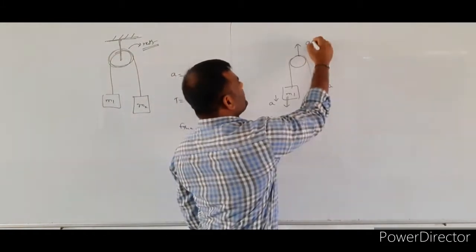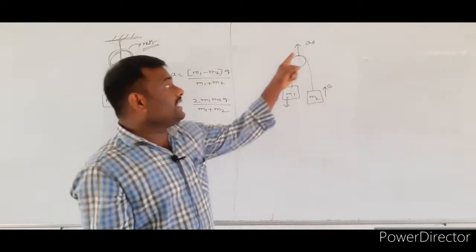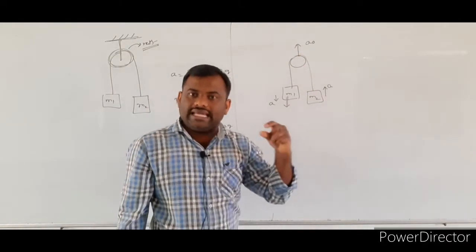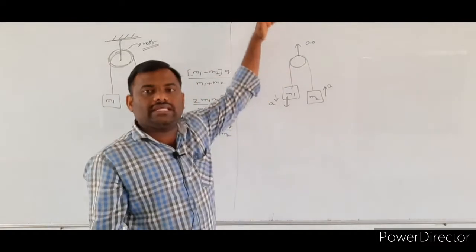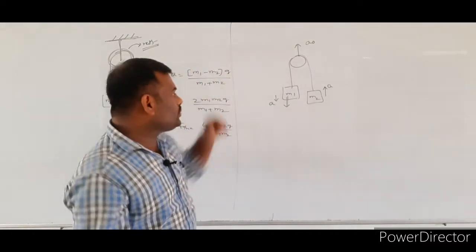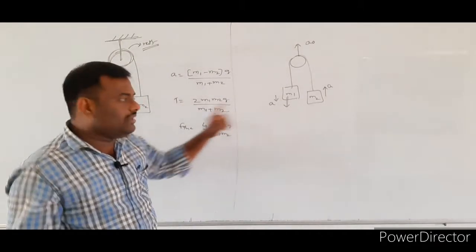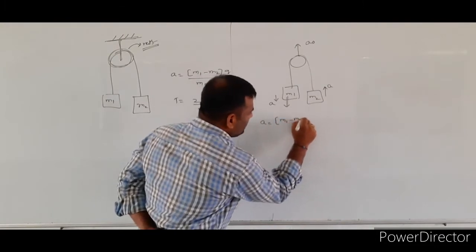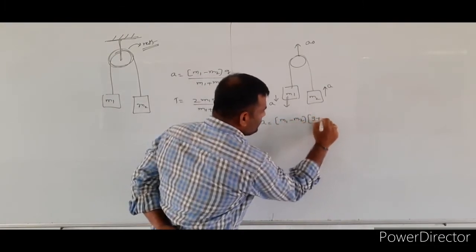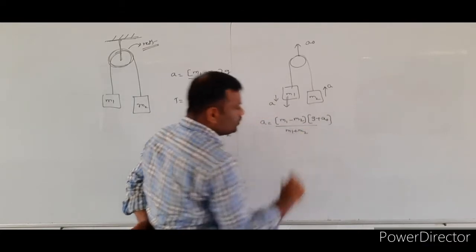So here we assume that A naught is the acceleration of the pulley, which is moving in the vertically upward direction. The corresponding acceleration of the system will be given by a is equal to (m1 minus m2) into (g plus A naught) by (m1 plus m2).